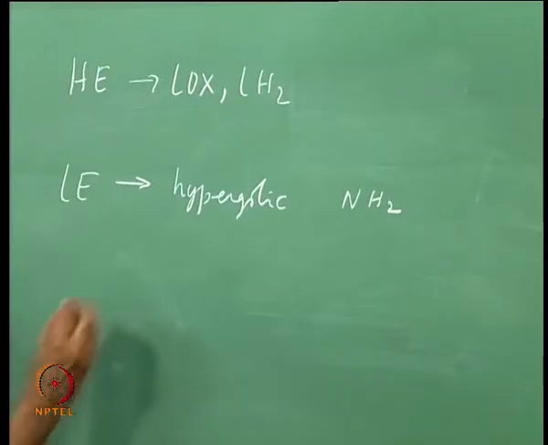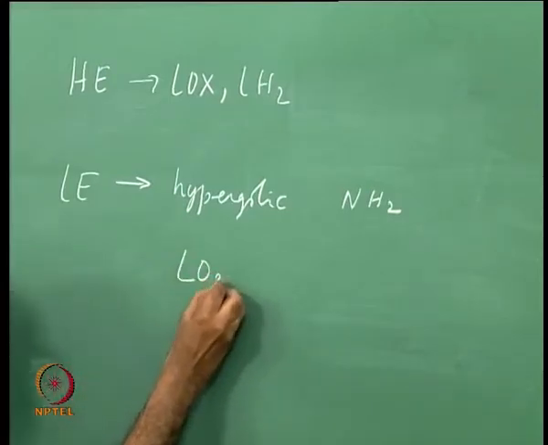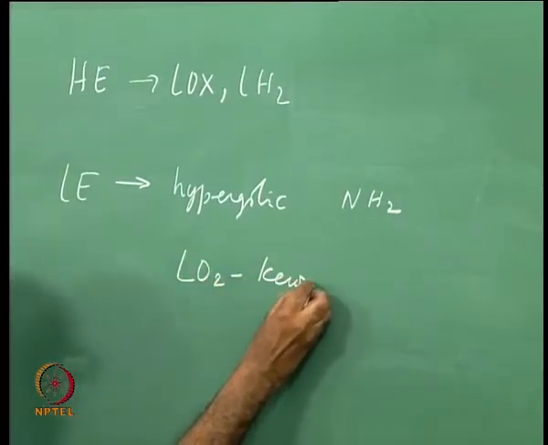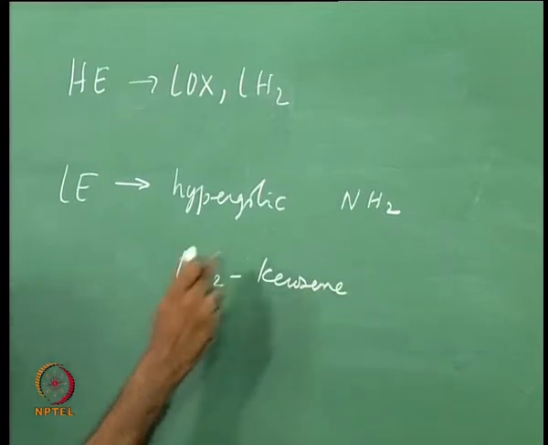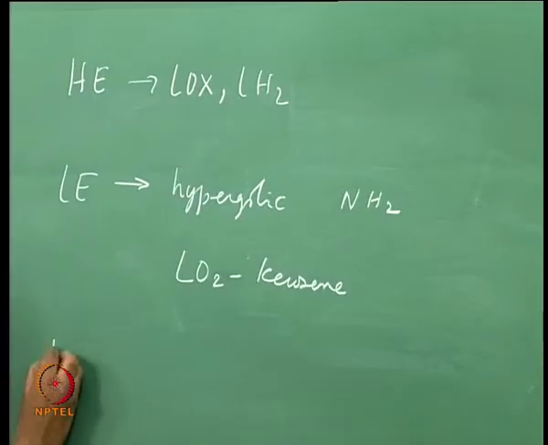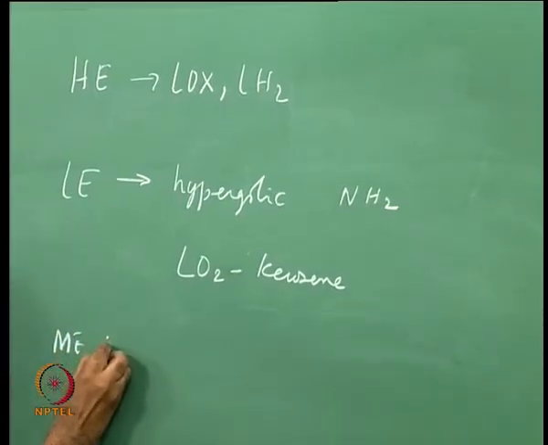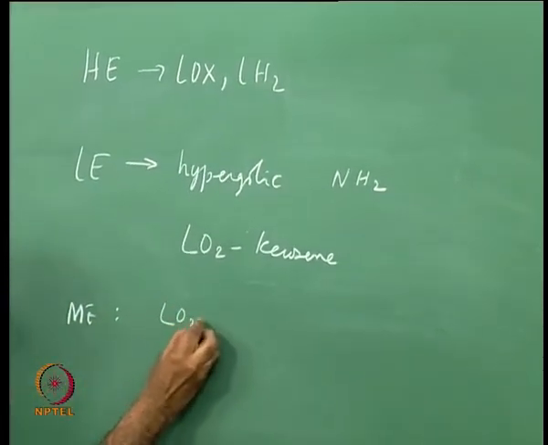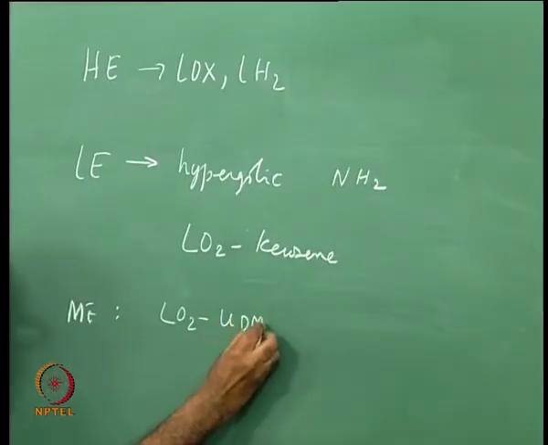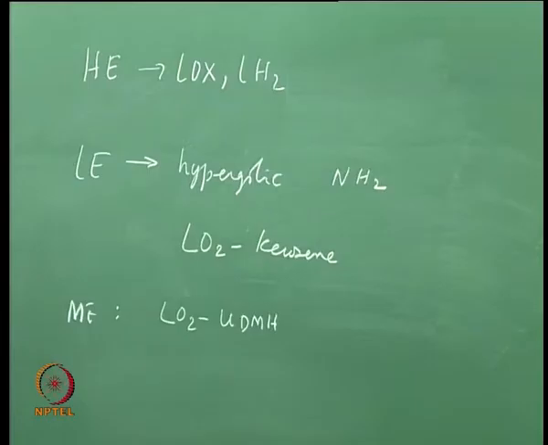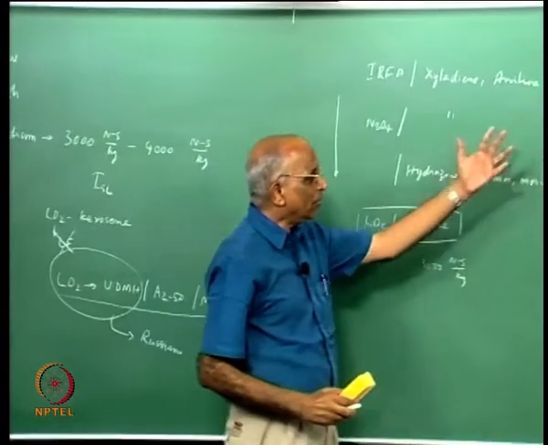The low energy also had liquid oxygen and kerosene, which is not earth storable, neither is it space storable. You have the medium energy propellant, which is again semi cryogenic, liquid oxygen and UDMH. This is the only propellant which has been used in a rocket so far. Well, these are the classifications according to energy.